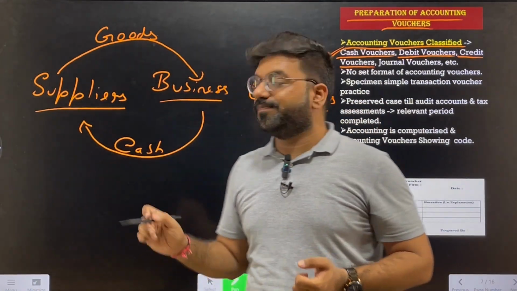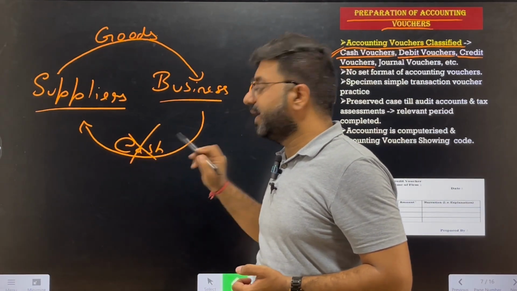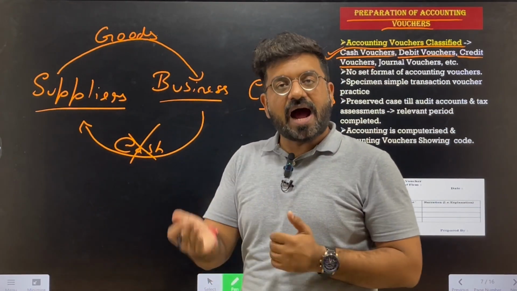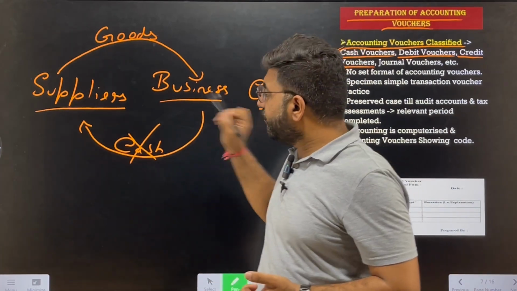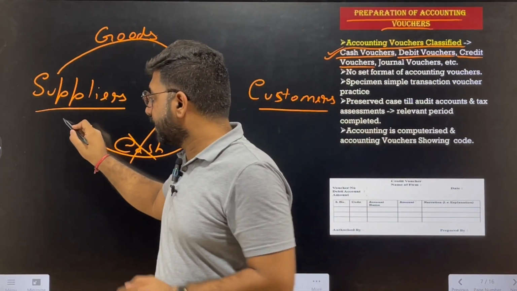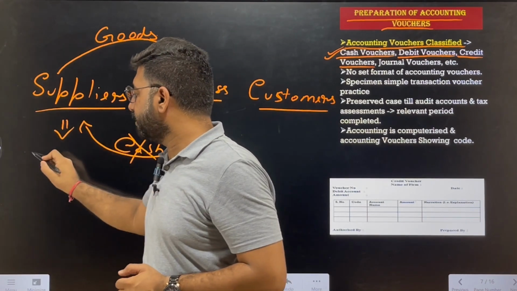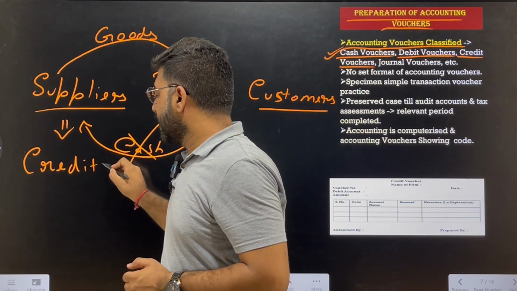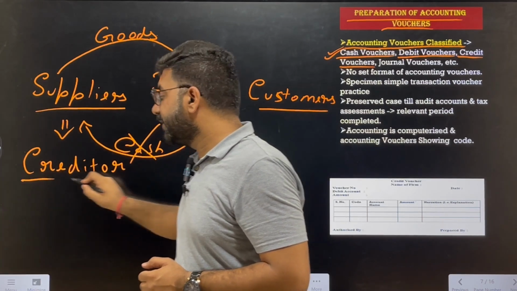But if the cash is not paid, it isn't that we won't pay the cash, we will pay the cash after a period of time. So if we are not paying the cash immediately, this supplier will be known as our creditor. Why will he be known as the creditor?